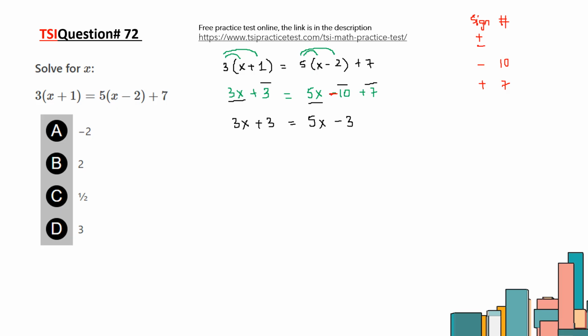We work on the sign first to see whether the result will be positive or negative. When adding two numbers with opposite signs, whichever has the bigger weight decides the sign. 10 is bigger than 7, so the result will be negative. Then we find the difference between 10 and 7, which is 3. 10 minus 7 is 3.